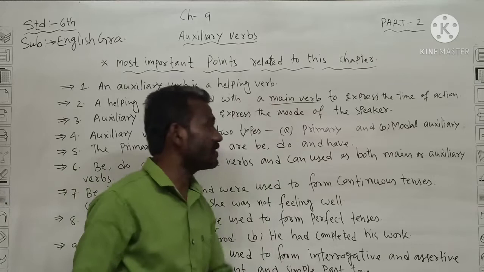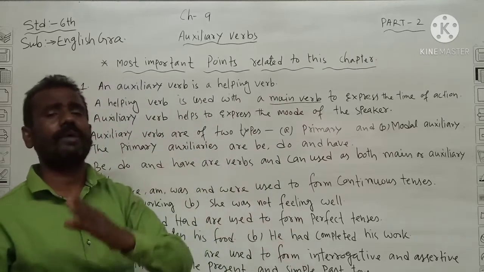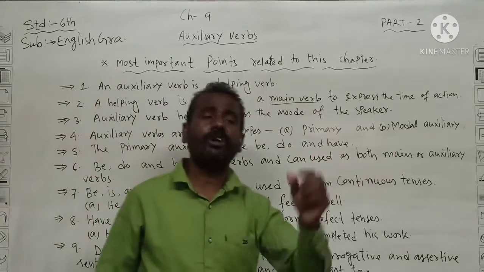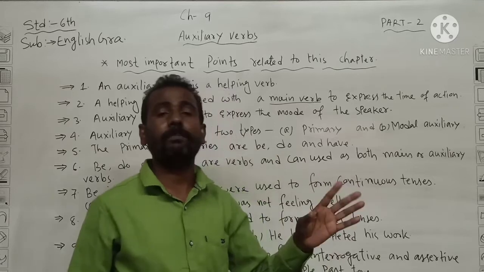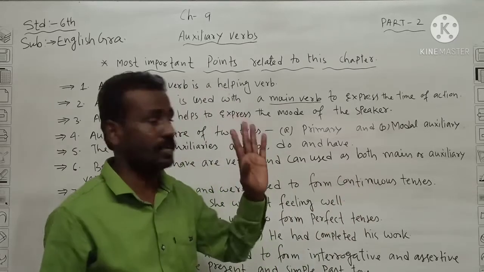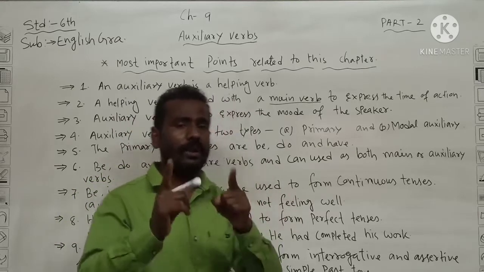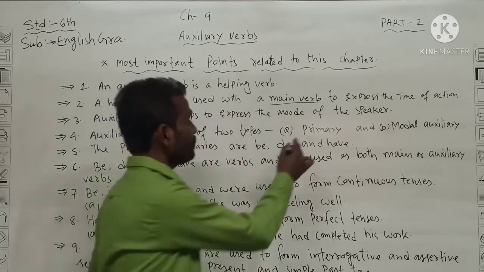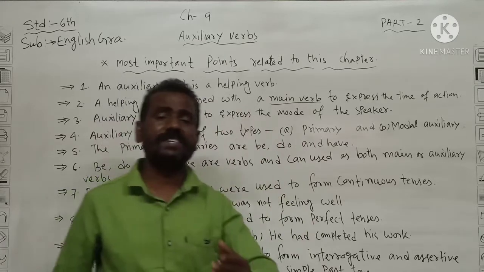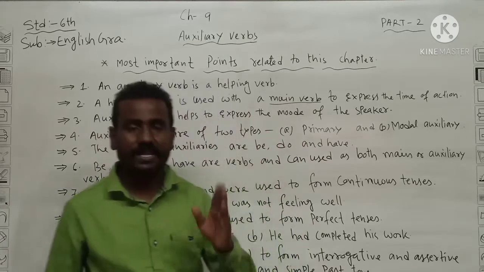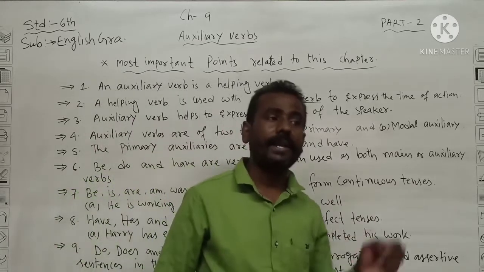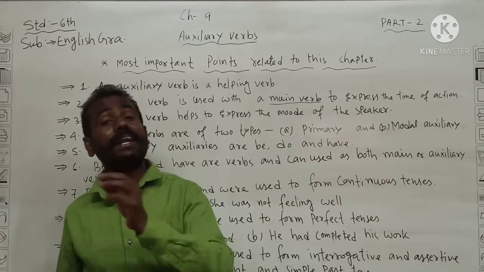What comes in primary auxiliary verbs, that I am also telling. In the previous part I already explained it line wise, so you have to go through it and learn by heart. In the primary section come am, is, are, was, were, have, has and had.